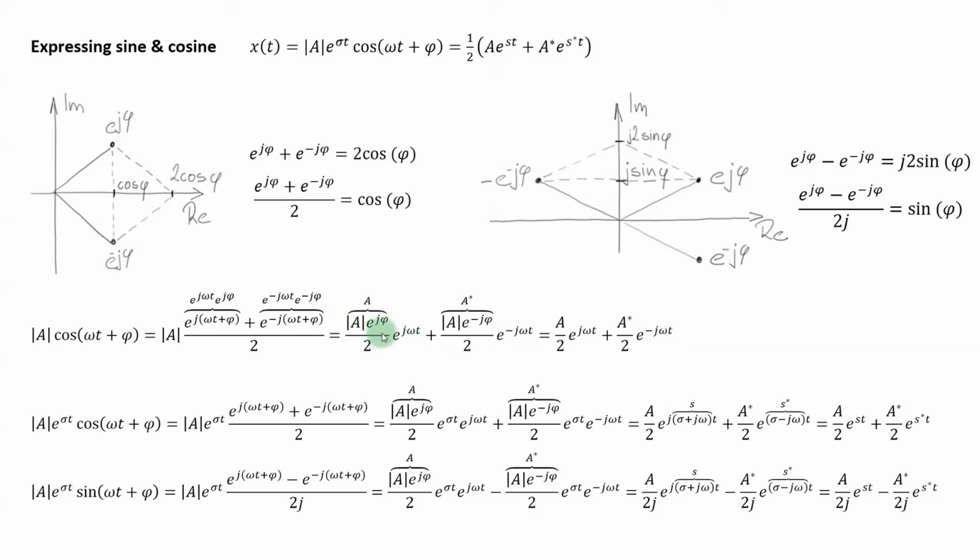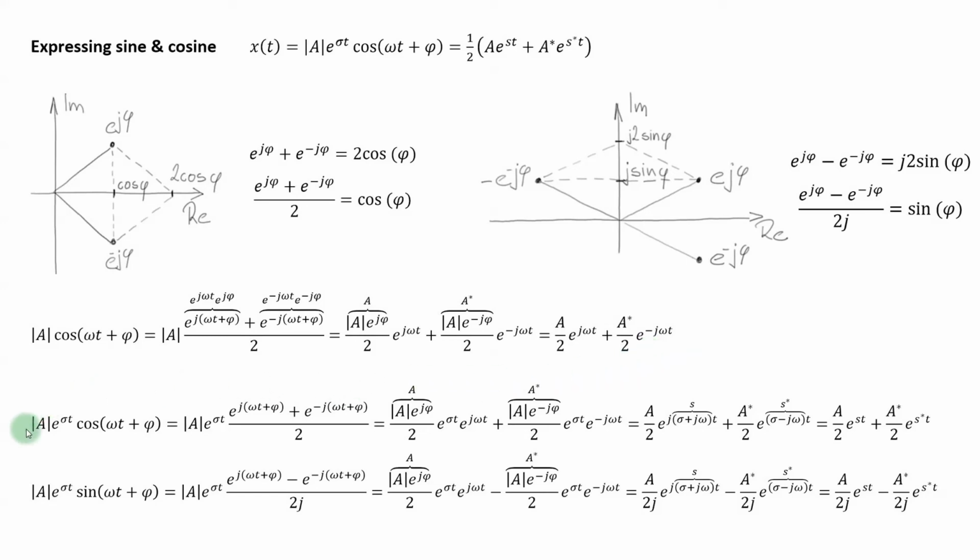Here you can denote this as complex number a and this as complex number a conjugate. When you do that, you can write this entire expression in this form. And this is how you can express a cosine with some generic amplitude, frequency, and phase using 2 complex exponentials.